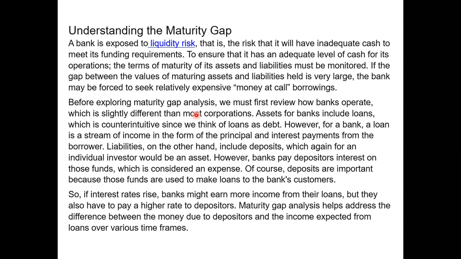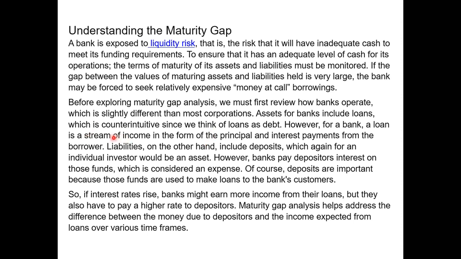So before exploring the maturity gap analysis, we must first review how banks operate, which is slightly different from most corporations. Assets for banks include loans. When you look at the balance sheet of a bank, you will find loans to its customers, which is counterintuitive since we think of a loan as debt, right?